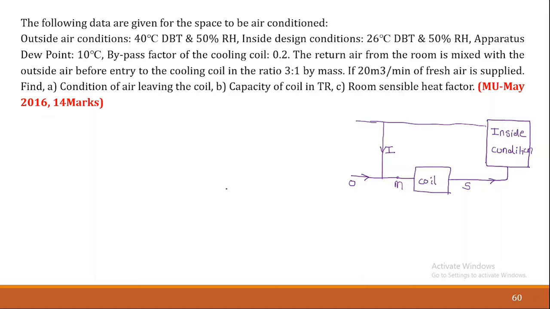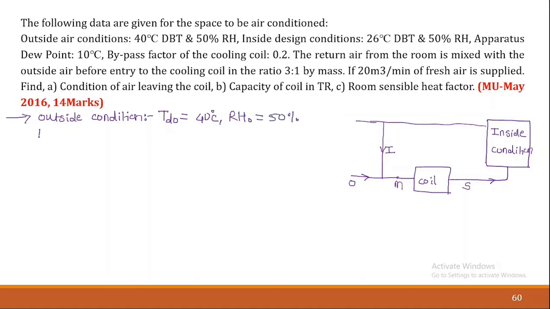So let us first of all write what is given in the problem. Outside air condition is given, so we can write outside condition, dry bulb temperature is given TDO, which is equal to 40 degrees Celsius, and relative humidity is also given, so RHO, which is equal to 50%.